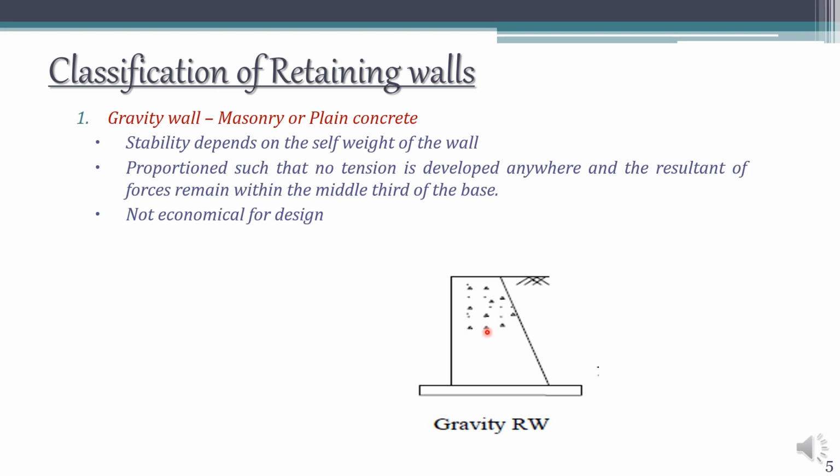While designing, the structure should be proportioned such that no tension is developed anywhere in the structure. As you can see, the design may result in a large bulky structure and hence it is not economical.